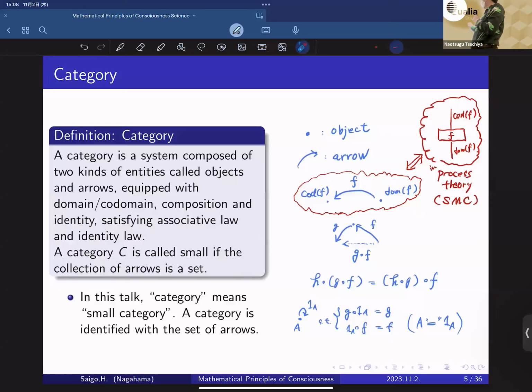And this composition should satisfy the associative law, and also the identity law: the identity does nothing to g, and does nothing to f. So we can identify these objects with identity arrows. Without confusion, you can think of an object as a special kind of arrow called an identity arrow. So in short, a category is a system of arrows which can be composed.